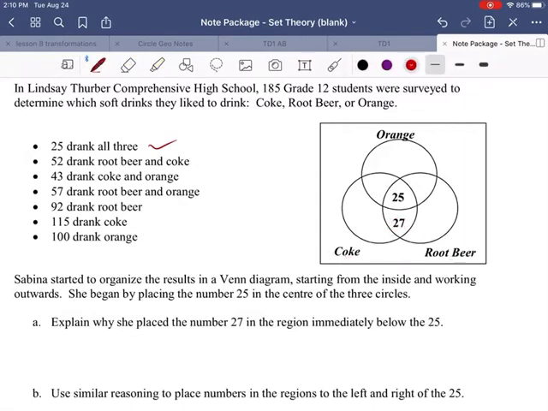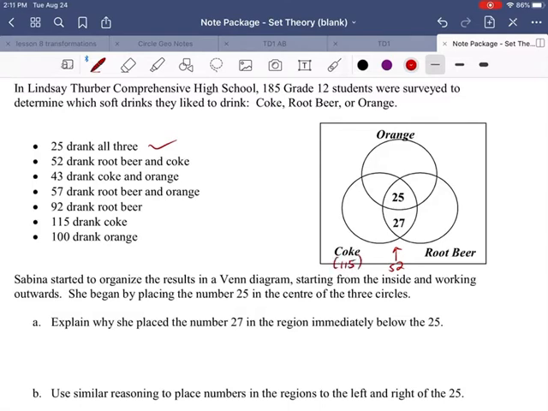We got 52 have drank root beer and Coke. So root beer and Coke, which box does that go in? And we've got Coke and root beer, so we need to count for 52 of them there. All right, now in total we've got 115 that have drank Coke.